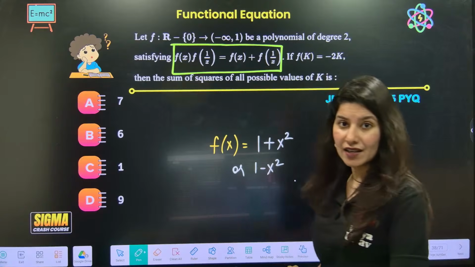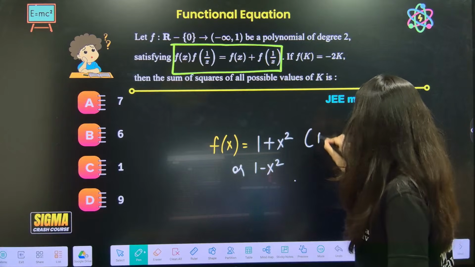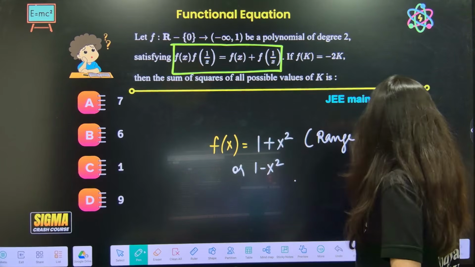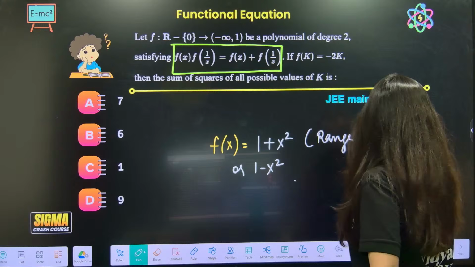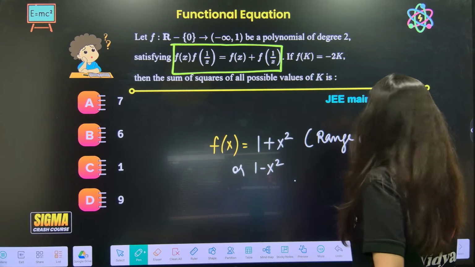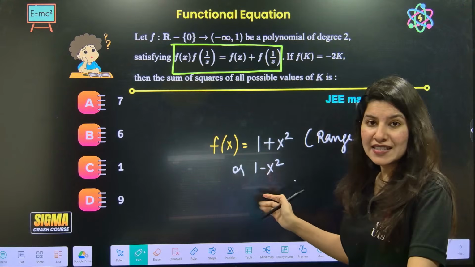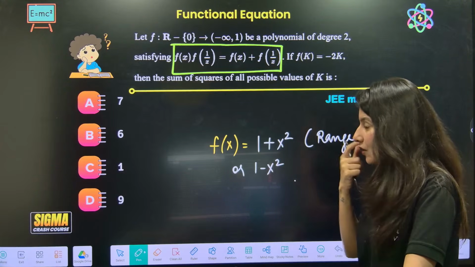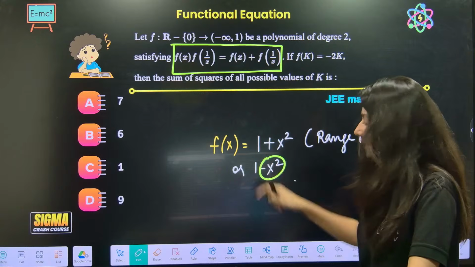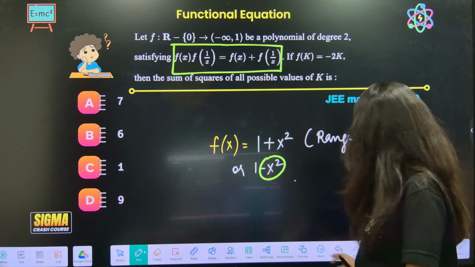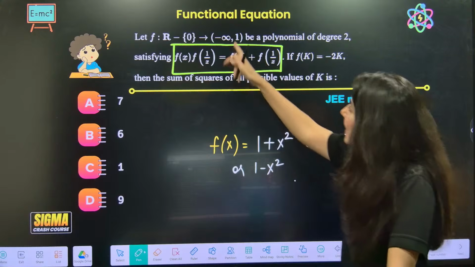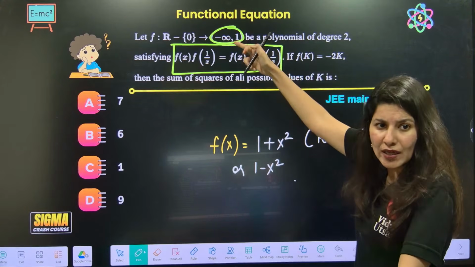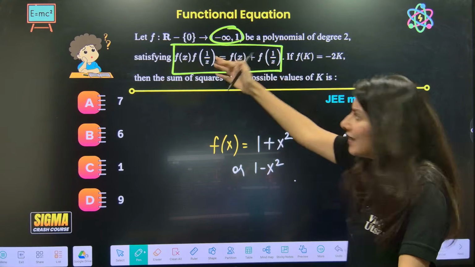Now understand, for 1 plus x squared, the range will always be positive. Yes or no? This can never go negative. And here 1 minus x squared, this is 0 to infinity, and this is actually always negative. So tell me, range over here or codomain of the function. Codomain, the second set, f from a to b.